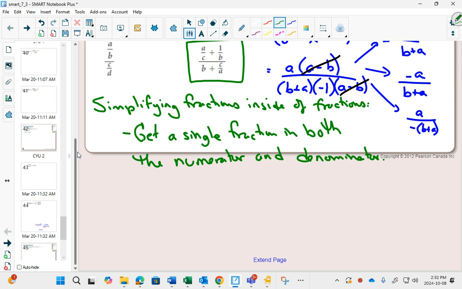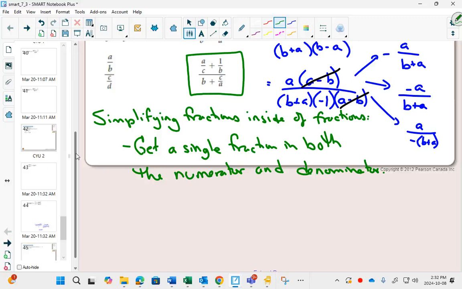So what does that mean for us? Well, in ours, I need to add the two fractions that are in the top together to get a single fraction. If I want to add fractions, I need a common denominator.